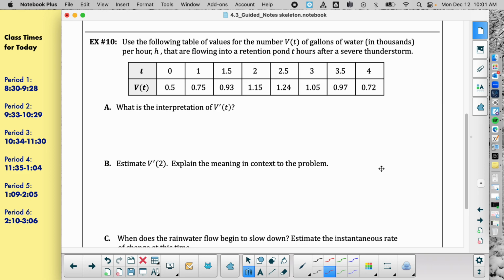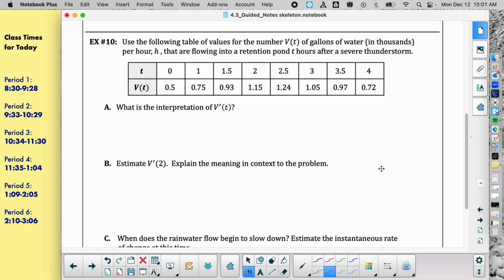How do we find the answer to B? We don't have an equation. You look at the 2.5 and subtract, and then look at the slope equation. Okay, so which numbers did you say? T equals 2 and T equals 2.5. Okay, so you picked 2 and 2.5.